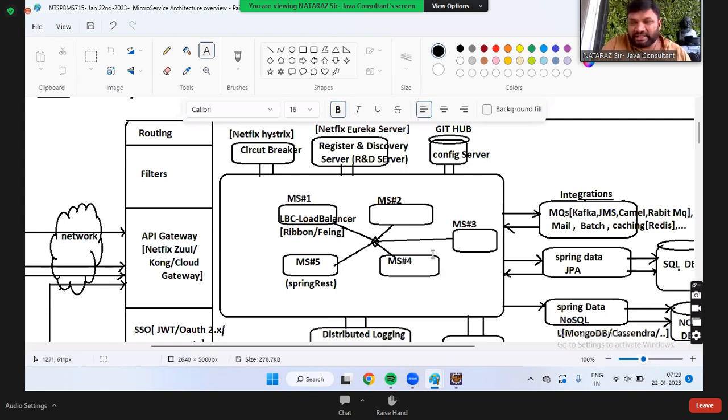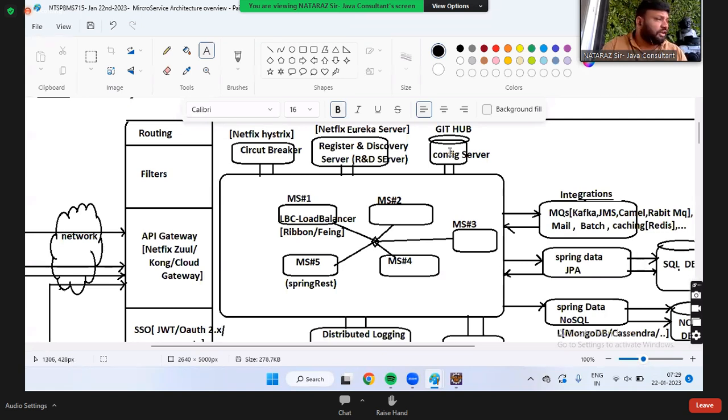Instead of writing JDBC properties in every microservice application.properties file, it's better to place them in one common place now, boss. That common place is called config server. And GitHub can be used as a config server.